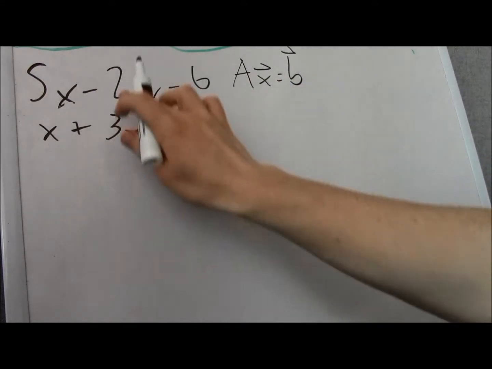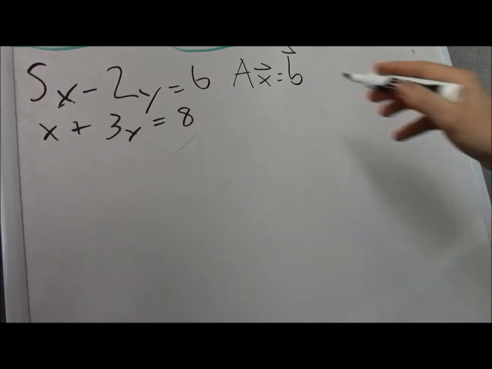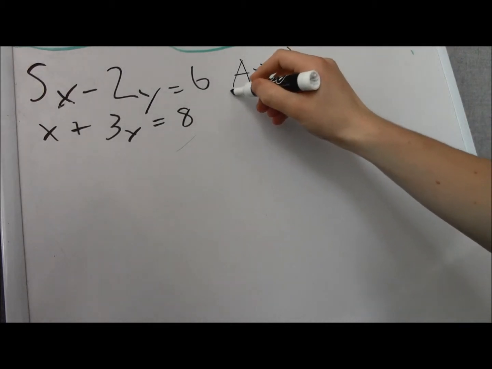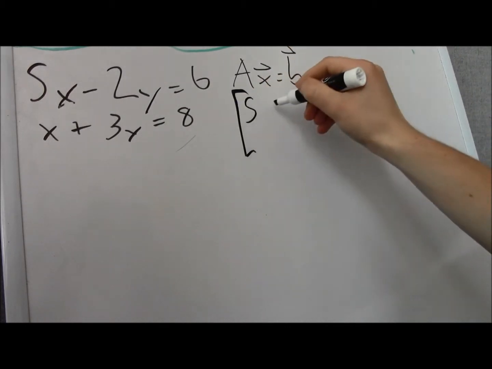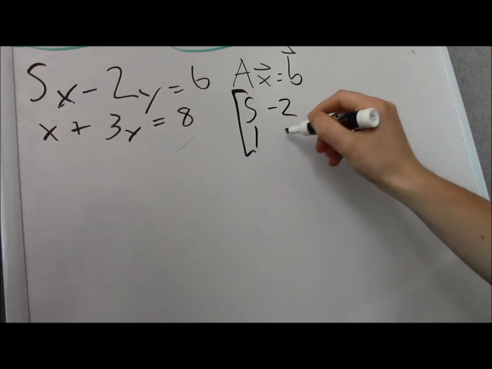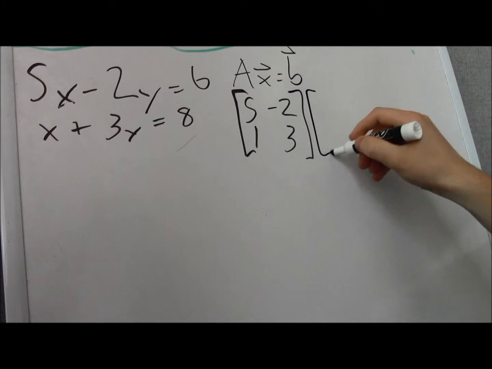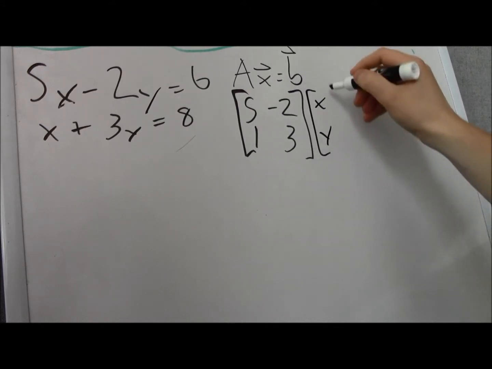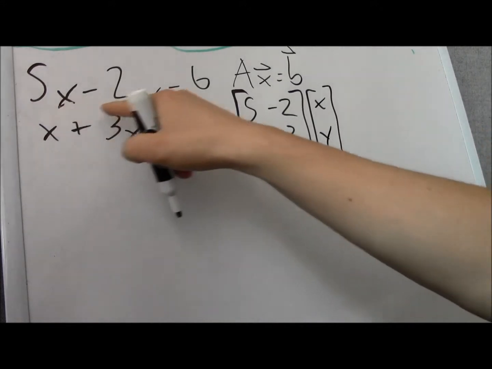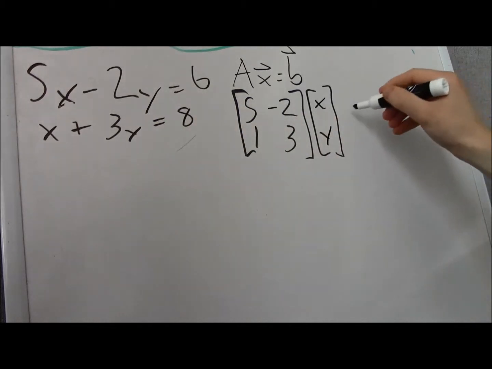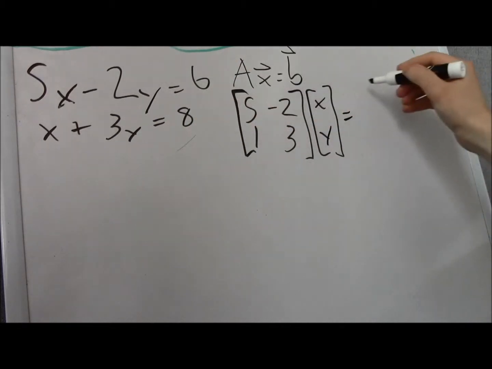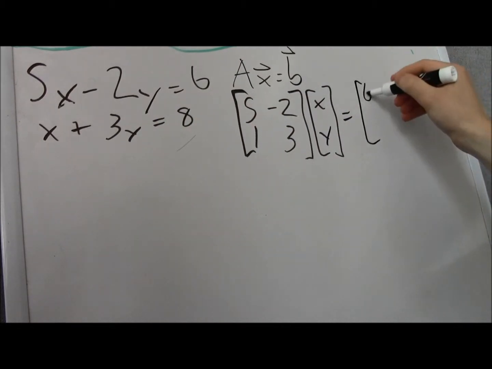We gather up all these numbers into a matrix called A. So we have 5, -2, 1, 3. We have our x vector, which is x, y in this case, because we have x and y multiplied through. And then our b vector is just the answer, 6, 8.